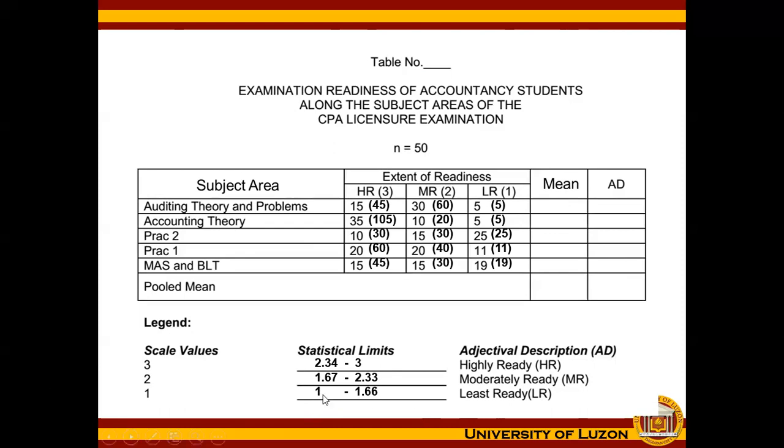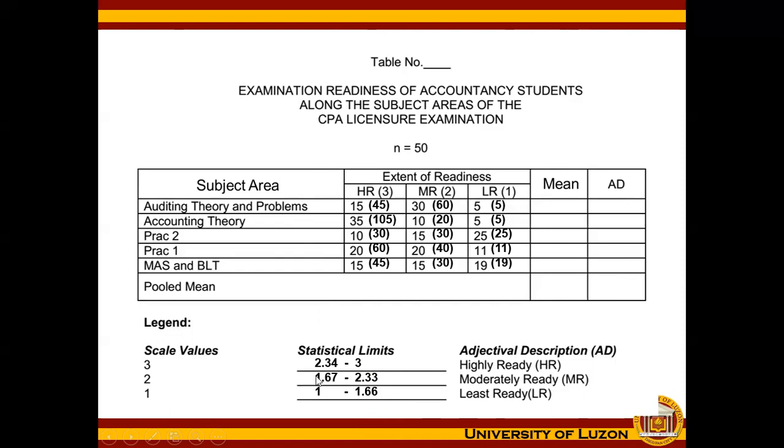Okay, so our lower limit is 1 and then we already have determined 1.66, no? Because the higher limit for the third is 3. Okay, so 3, then 2.33 for the higher limit for number 2, and the higher limit for number 1 is 1.66. Therefore, we just provide the missing values.